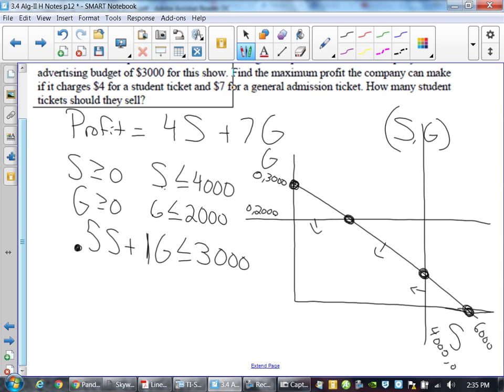If this is 4,000, .5 times 4,000 is how much? 2,000. 2,000 plus what is 3,000? 1,000. See how I'm just substituting in, because it's vertical at that point. I can substitute and find my other value. That's all we need to do.